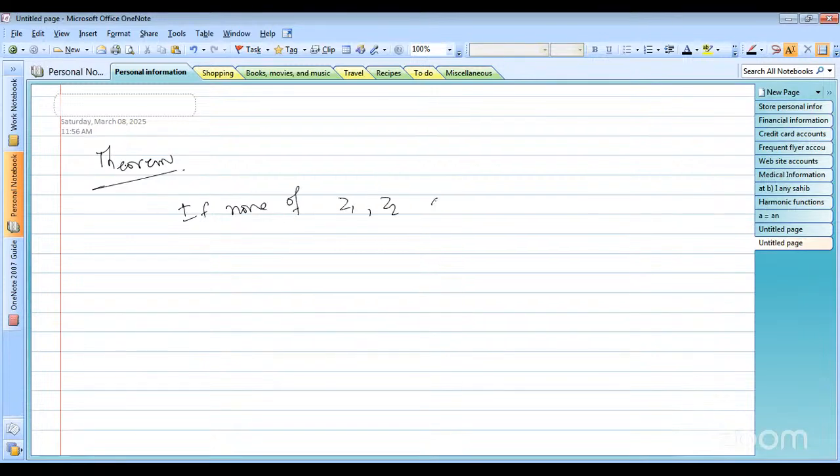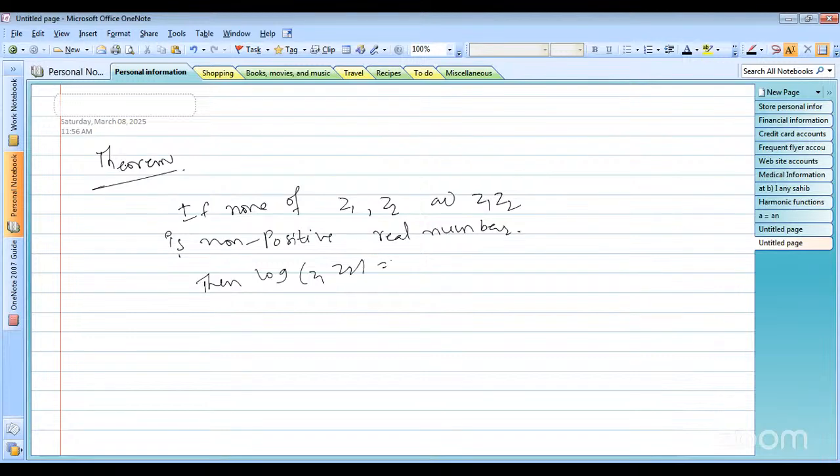If Z1, Z2 and Z1 times Z2 are non-positive real numbers, then we take log of Z1 Z2.